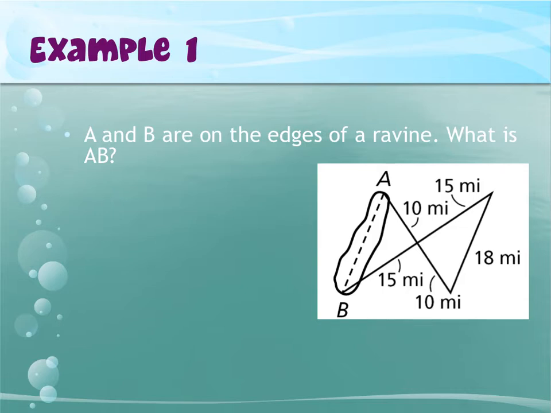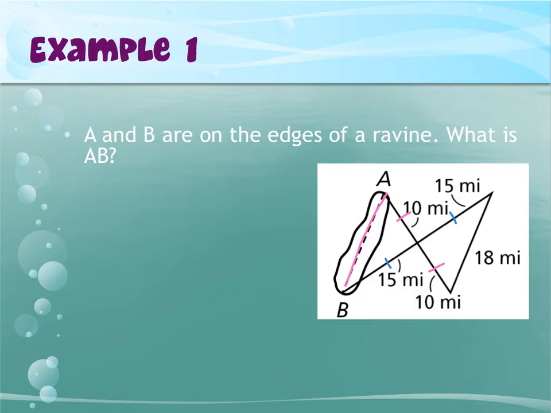So example 1: A and B are on the edge of a ravine. What is AB? So we're trying to find this length here. Do we know that these two triangles are congruent? No. We have one pair of corresponding sides, another pair of corresponding sides. Do we know anything else from these two triangles to tell that they're congruent?